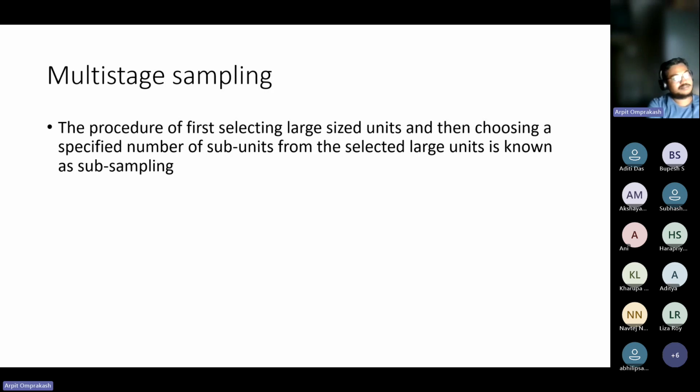Multi-stage sampling is basically where first we select very large sampling units, and then in each of these large units we make smaller samples and then we select those.